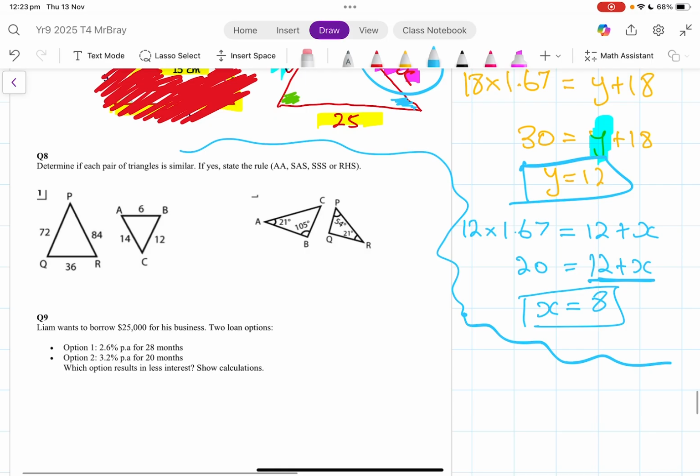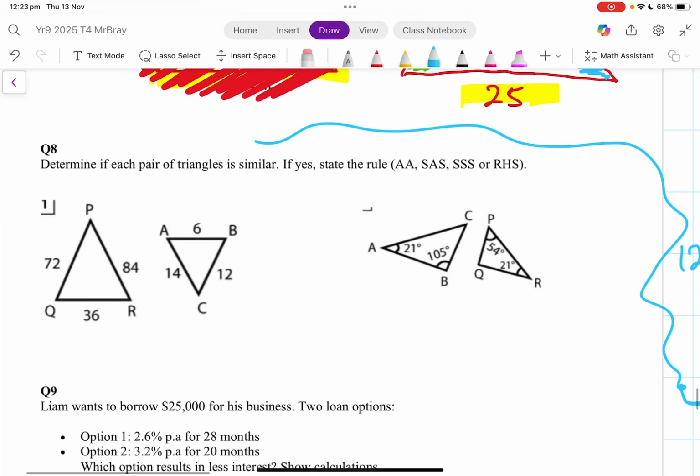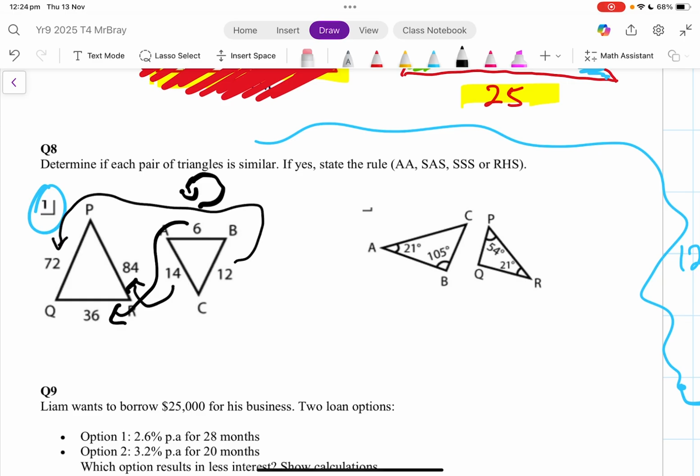Cool. Now, for each of these pairs of triangles, we have to determine if they're similar, and if they are similar, we have to state the rule. So for this first pair, I can see straight away that I've got 1, 2, 3 sides on each. If I was to flip this triangle here, or rotate it around, you should be able to see that we have 3 sides that match up, like the 6 would match up to the 36, the 14 would match up to the 84, and the 12 would match up to the 72.